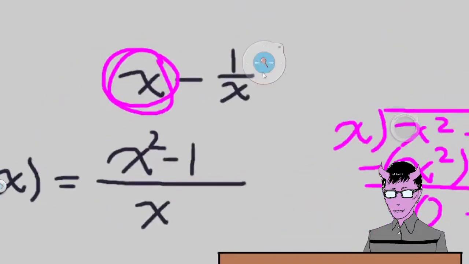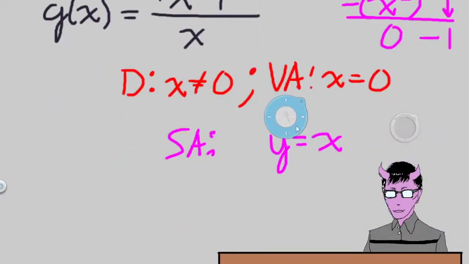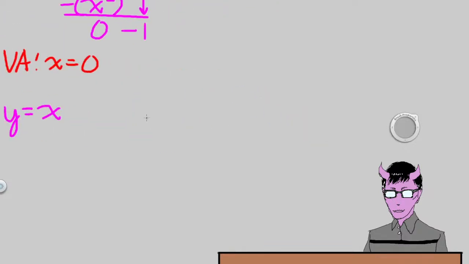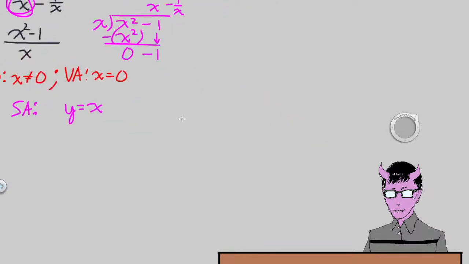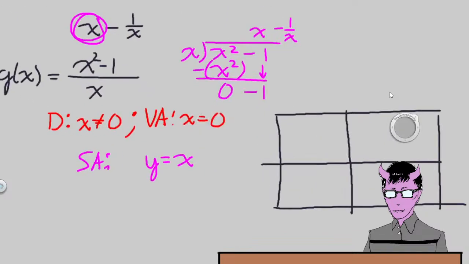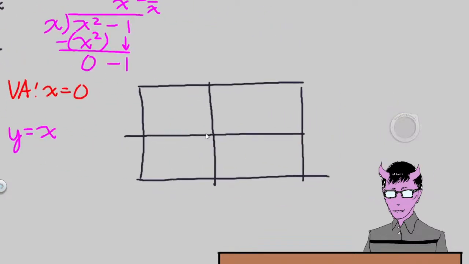And now you're going to see why that makes sense. So let's go back here. Slant asymptote. I'll just show you what that looks like on the graph, and hopefully it will click. So trust me on this for now. Alright, so we have a vertical asymptote at 0. That's nothing special, nothing new there.